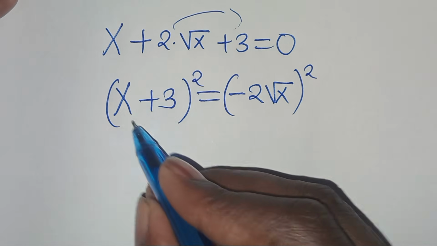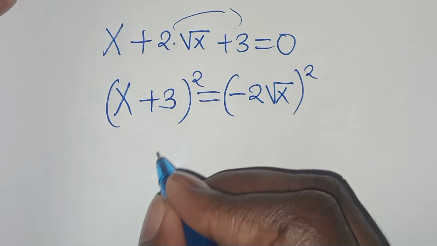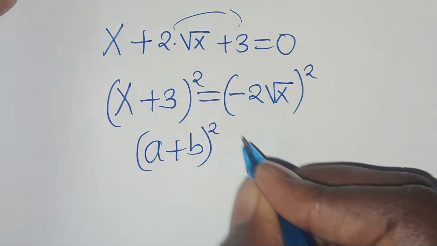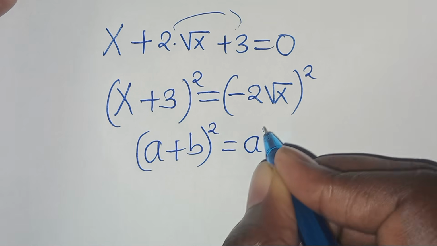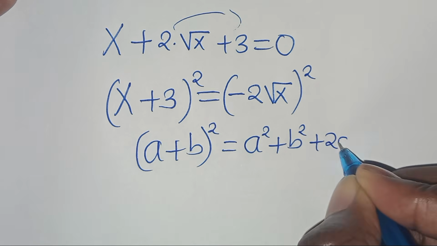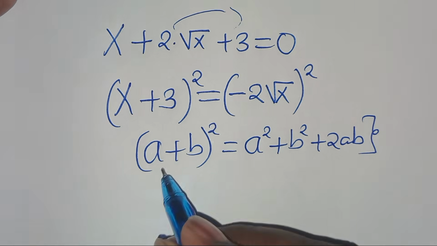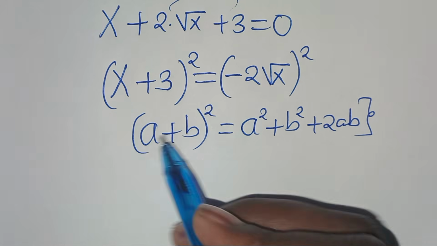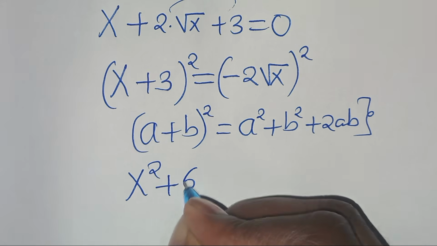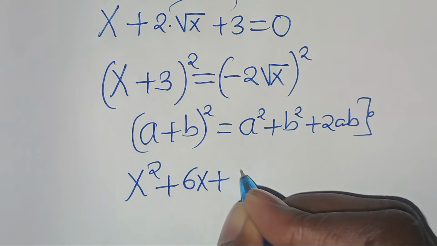So that now (x + 3)^2, this is in the form of (a + b)^2, which we can express as a^2 + b^2 + 2ab. So let's apply this algebraic identity, so that this is the same thing as x^2 + 6x + 9.